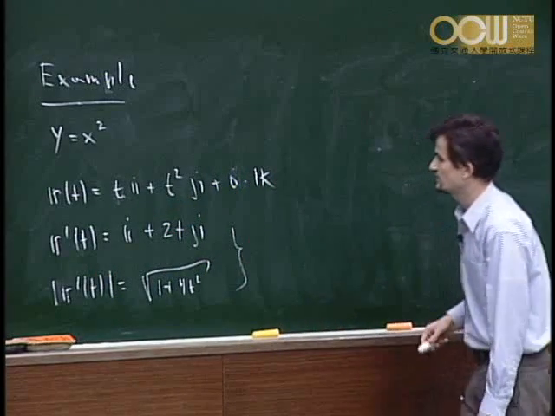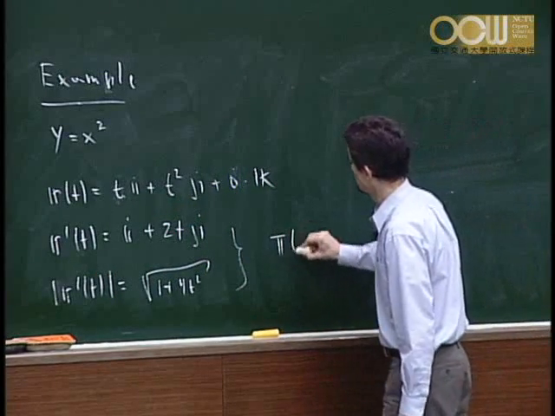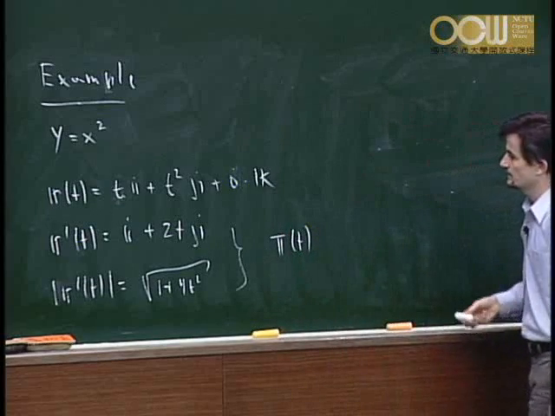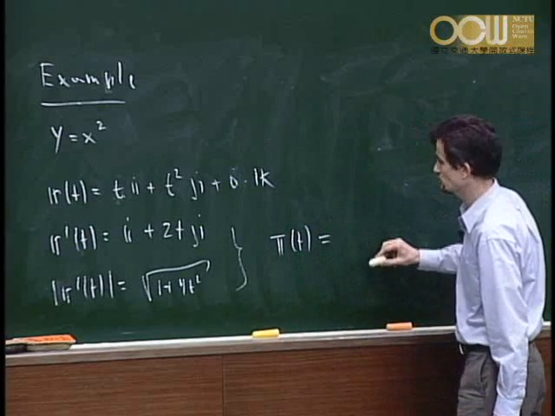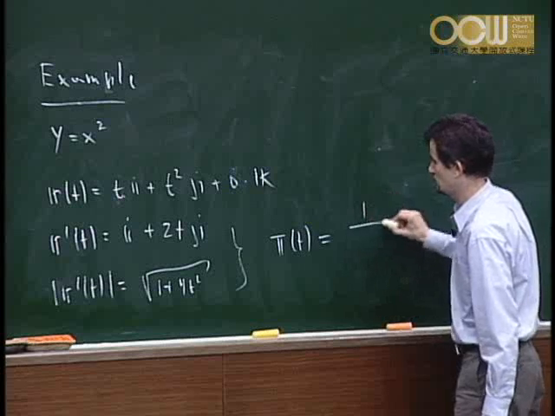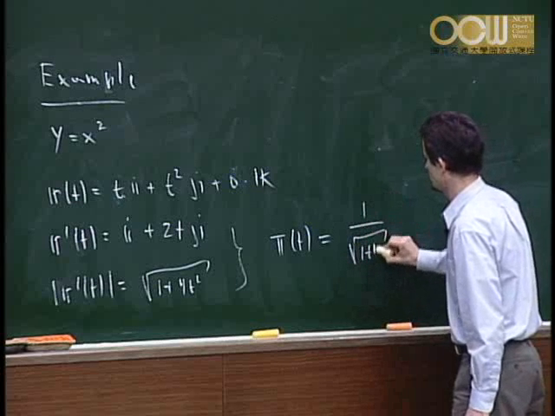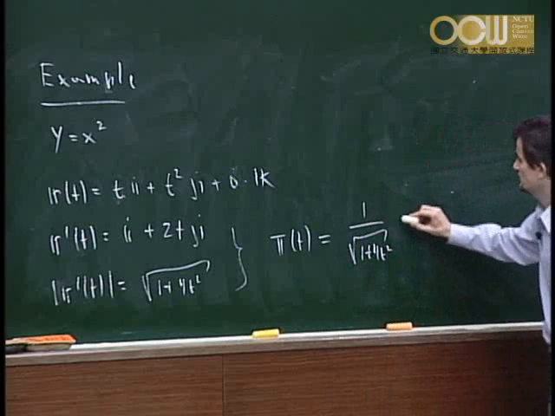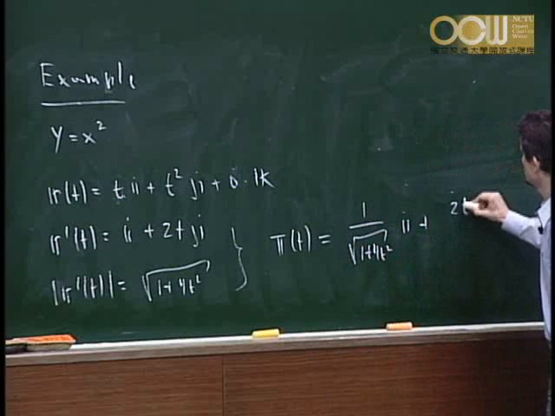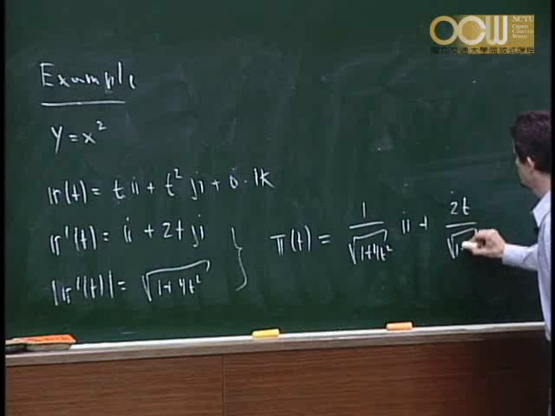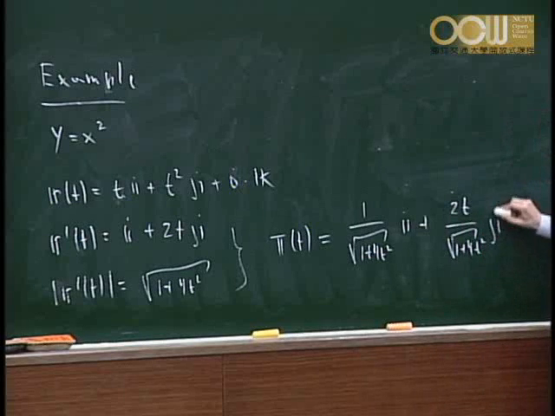So you see that the unit tangent vector is equal to 1 over the square root of 1 plus 4t squared i plus 2t over the square root of 1 plus 4t squared j.